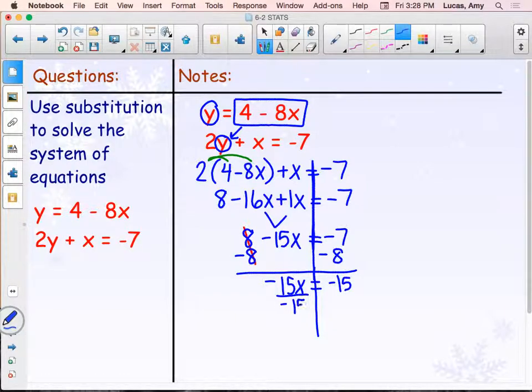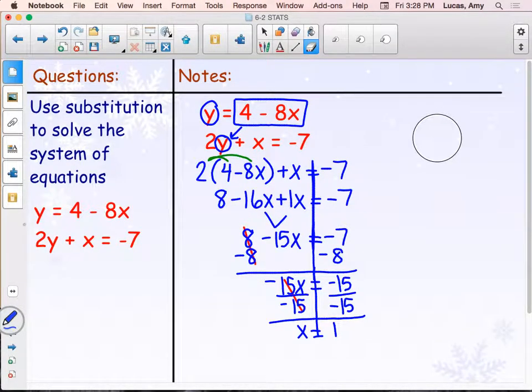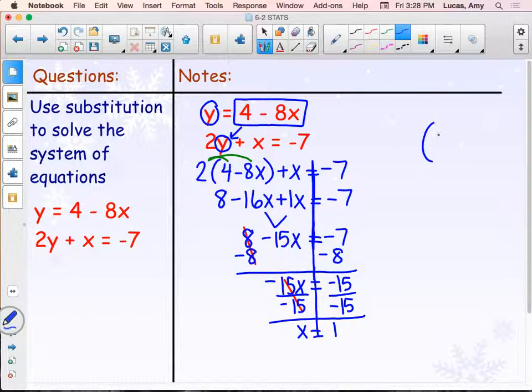Divide both sides by negative 15. And the x coordinate for my solution is 1. So my x coordinate is 1. I take that 1 up to the beginning and plug it in. You can substitute the 1 for x in either one of your equations.